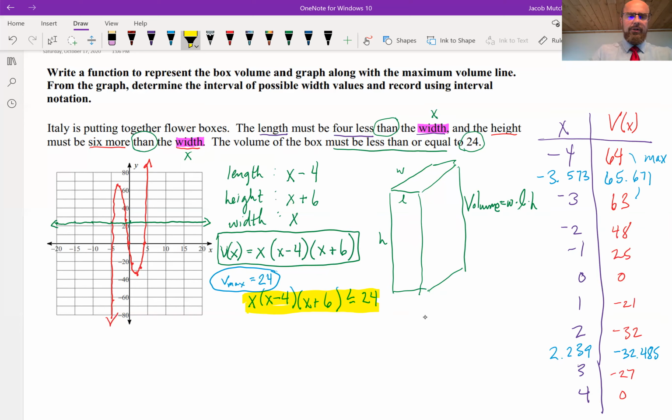So what I'm looking at just algebraically is we're saying, where is this inequality on the left less than or equal to this value 24 on the right? So if I were to highlight those places on the graph, it's anywhere where the red volume function is below that green line.